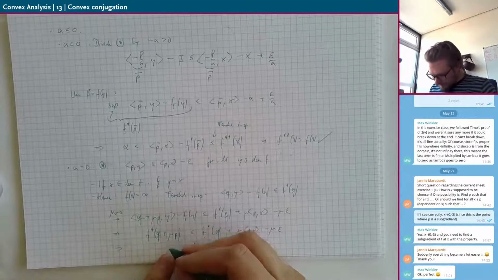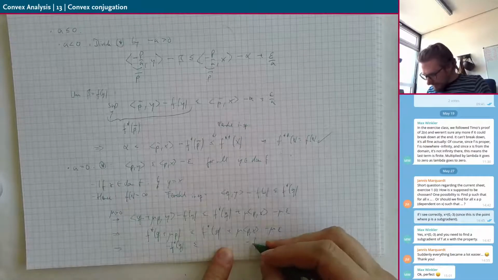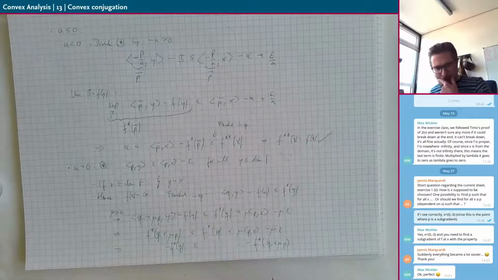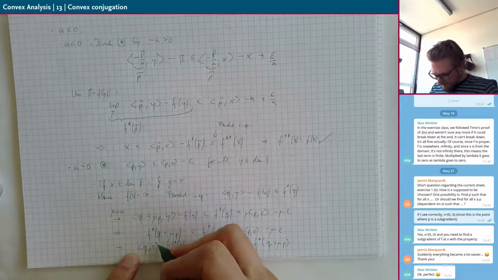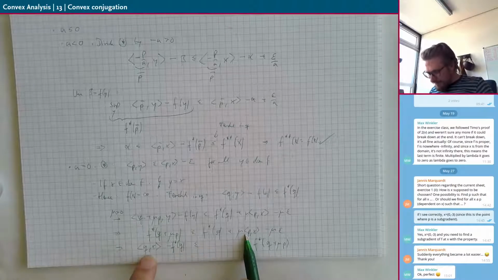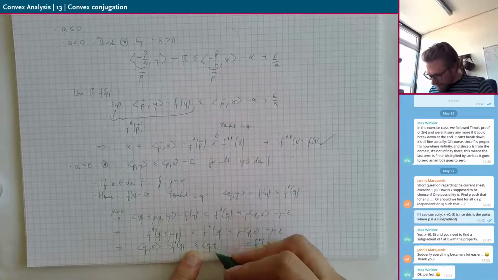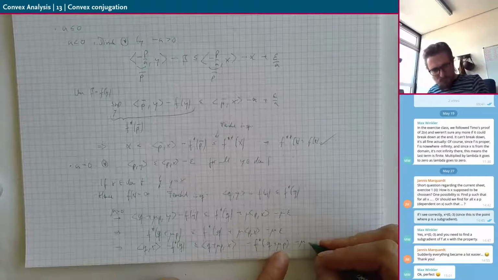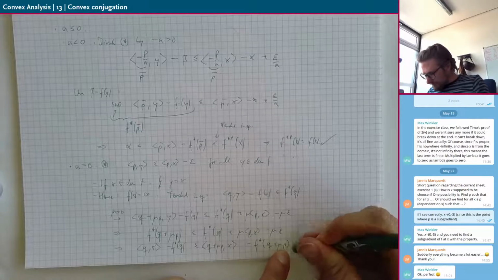We bring f star of q to the left hand side and f star of q plus mu p to the right hand side, and here we want to have a q times x for reasons which become clear in a second. So we added q times x, and then this gives us here a q plus mu times p with x, and we still have this minus mu epsilon, but we just omit that. It's still true.